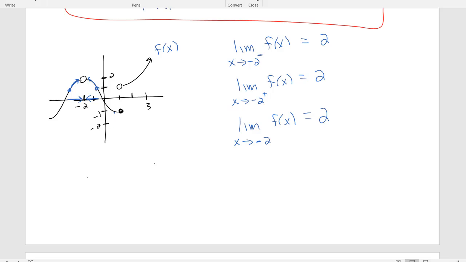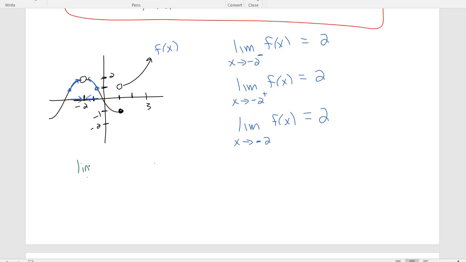Now, let's take a look at the other discontinuity here at x equals 1. I have some kind of bad board management here, and I apologize for this. Let me change colors. We're going to look at approaching 1 from the left, approaching 1 from the right, and then the two-sided limit.